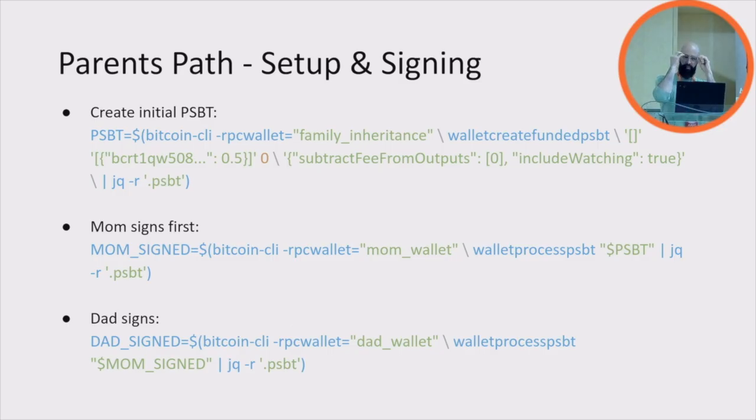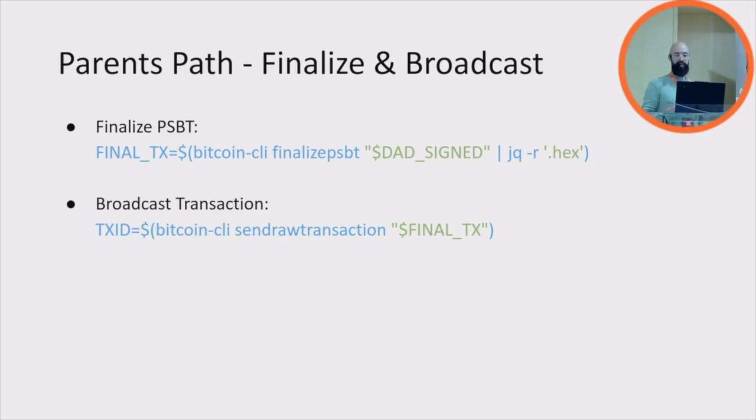When you see an example of a PSBT with two signatures, it's linear. So even if the script is composed, it's still a linear process. So you can add a lot of signatures to the PSBT. Then you need to finalize it and just broadcast it to the network.